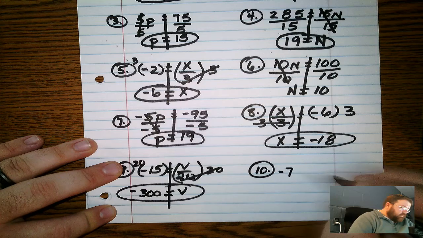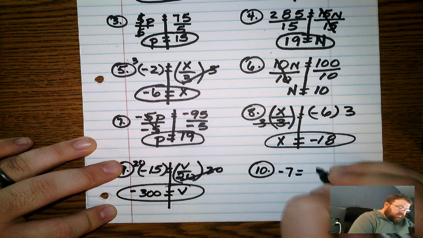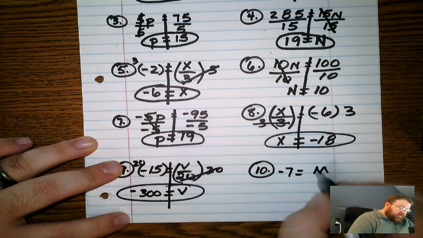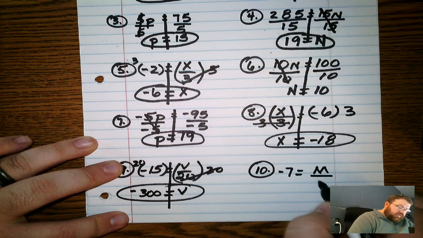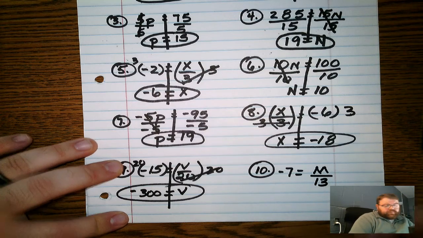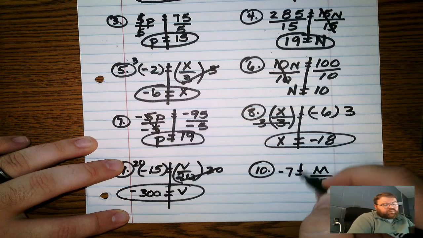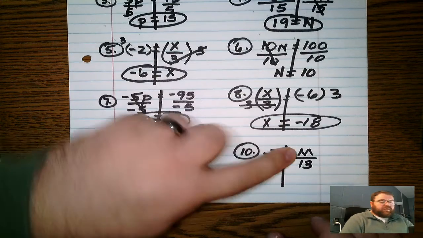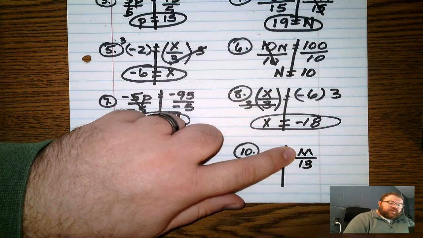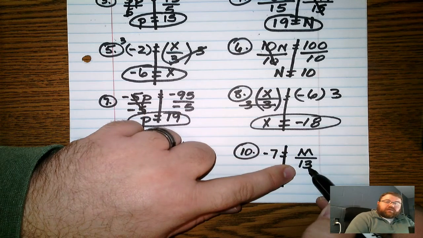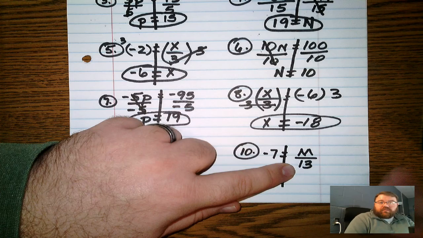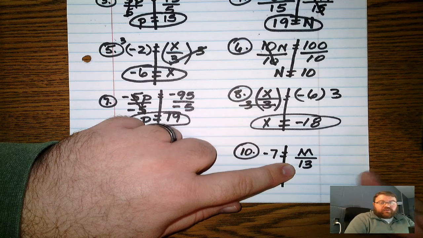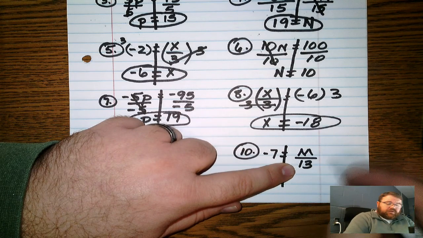Negative 7 is equal to m divided by 13. I'm going to draw my line, find my variable. I see that the m is trying to be divided by 13. I know this because it looks like a fraction, and remember, all fractions are just division problems.